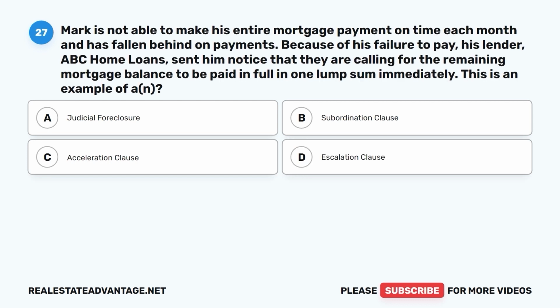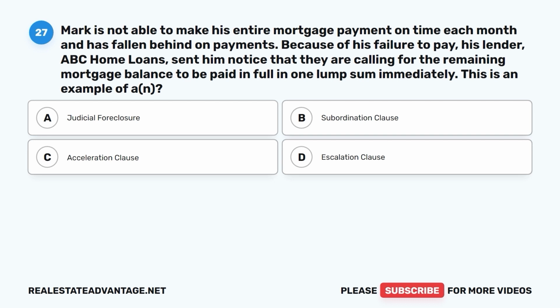Question 27. Mark is not able to make his entire mortgage payment on time each month and has fallen behind on payments. Because of his failure to pay, his lender, ABC Home Loans, sent him notice that they are calling for the remaining mortgage balance to be paid in full in one lump sum immediately.